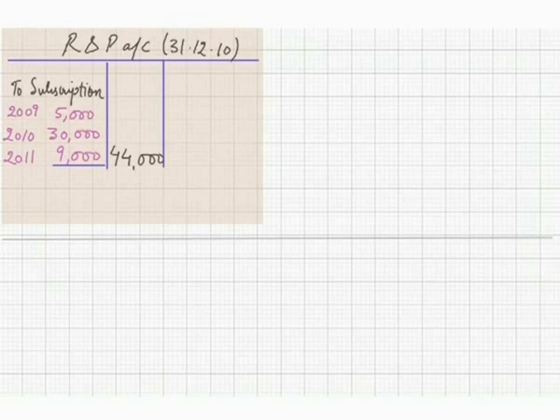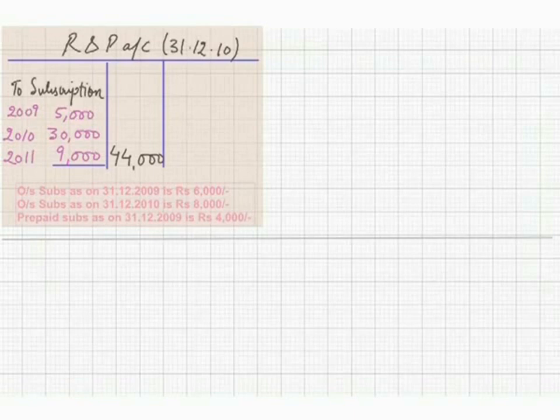And if we look at the footnotes, I mean the additional information, that is outstanding subscription as on 31st December 2009, 6,000 rupees, and 31st December 2010, 8,000 rupees, prepaid as on 31st December 2009, 4,000 rupees.